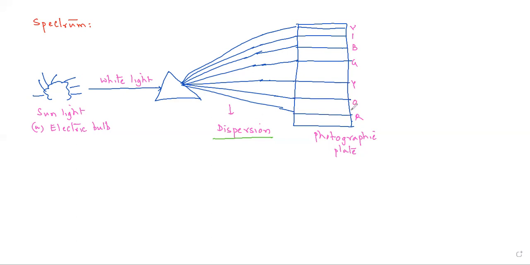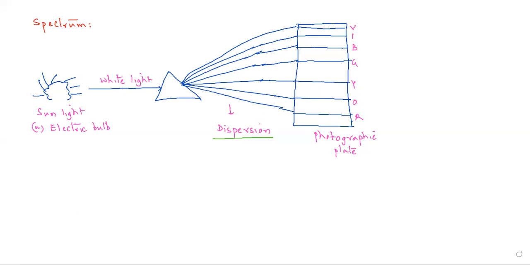Now this pattern or the impression that is produced on a photographic plate is called a spectrum. Now this is what I call spectrum.